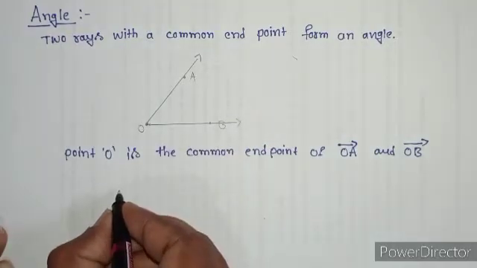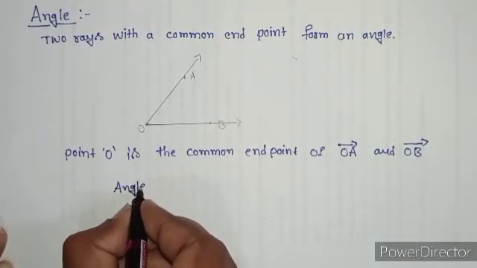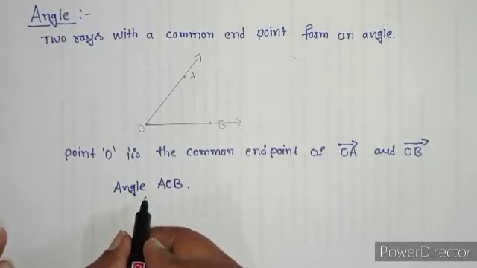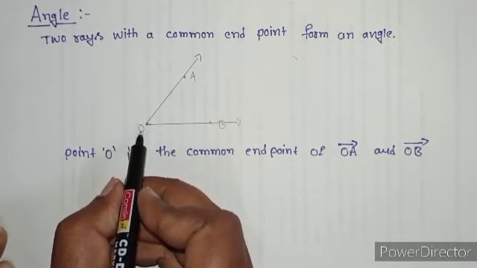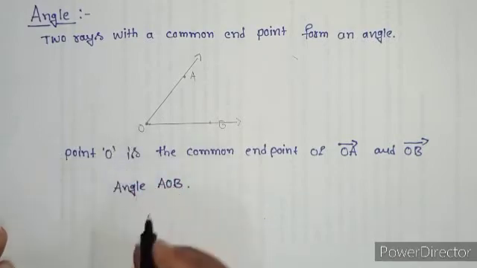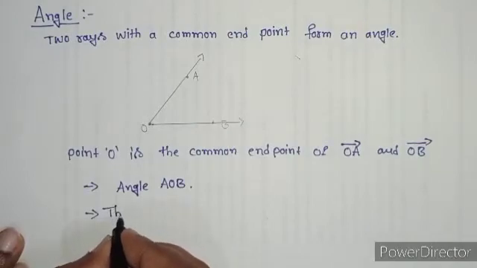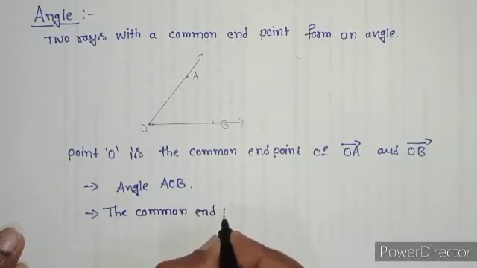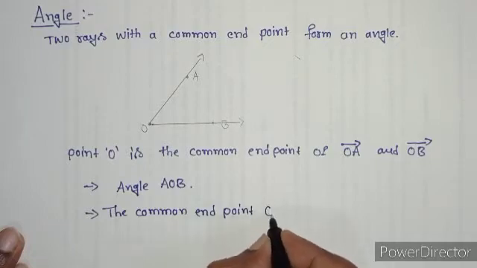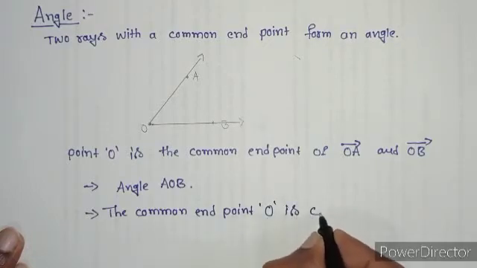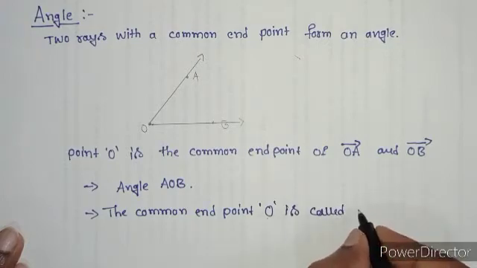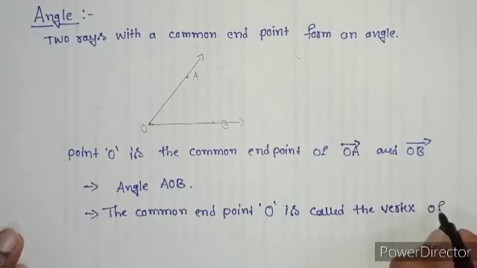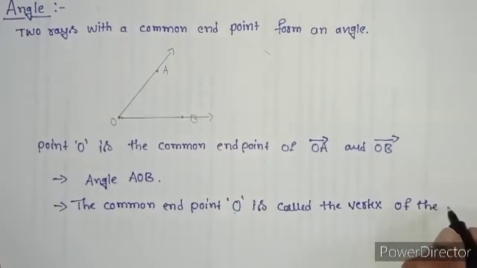Here the common endpoint is O. So O is called the vertex of the angle.